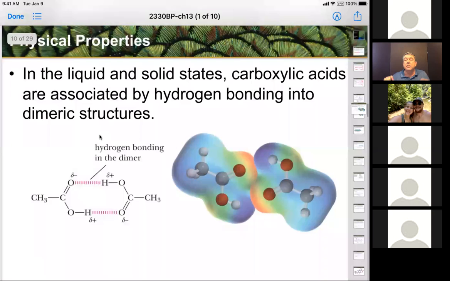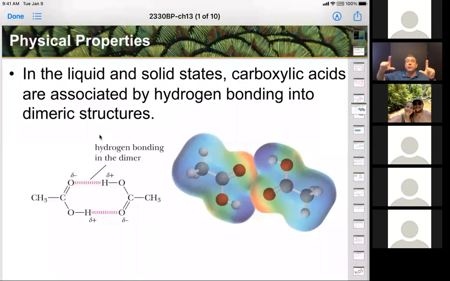Okay, so let's start talking about the properties of carboxylic acids. So carboxylic acids are known for being very high boiling and very high melting compounds. And it has everything to do with the idea that carboxylic acid is, number one, acidic, which means it hydrogen bonds very strongly. But not only does it hydrogen bond very strongly, it actually forms an 8-membered ring, a dimeric structure.